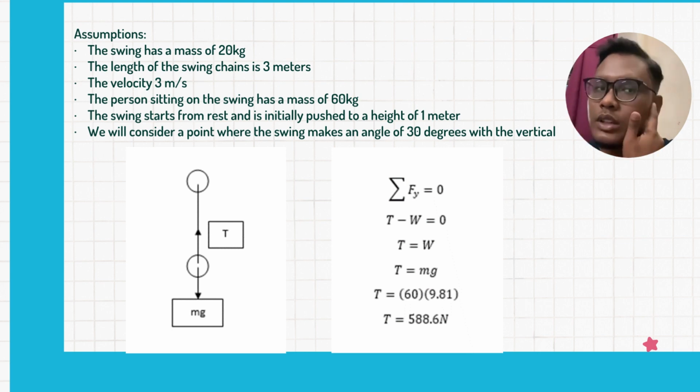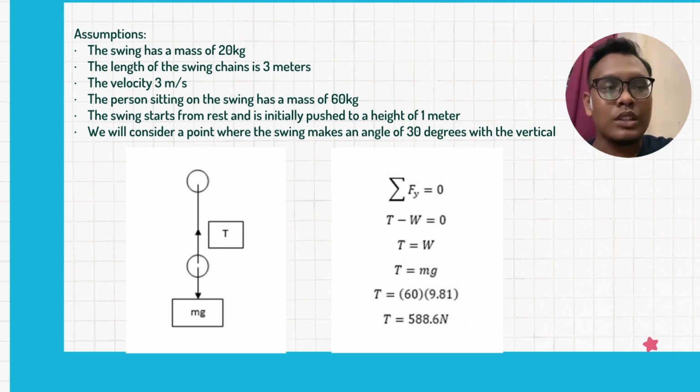We assume the particle is a person sitting on the swing. So the mass of the person sitting on the swing is 60 kilograms, and we multiply by gravity 9.81, so we get 588.6 Newton.